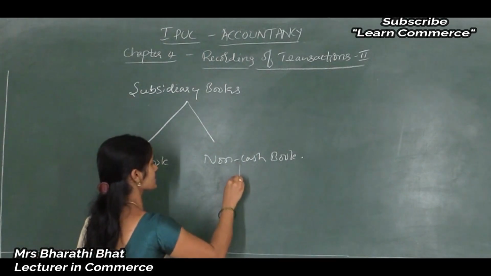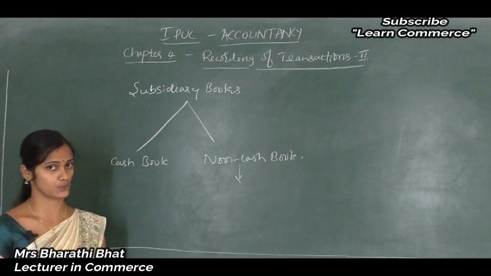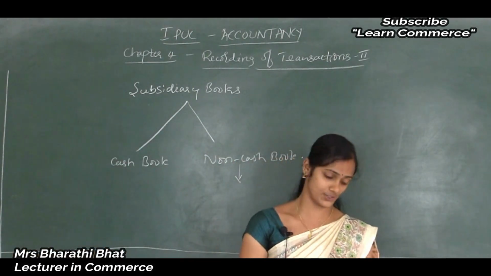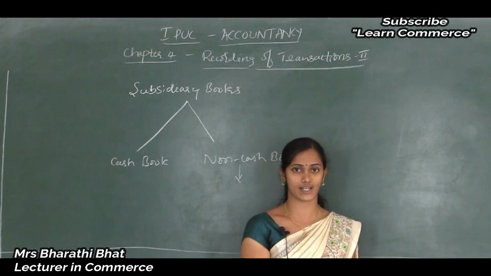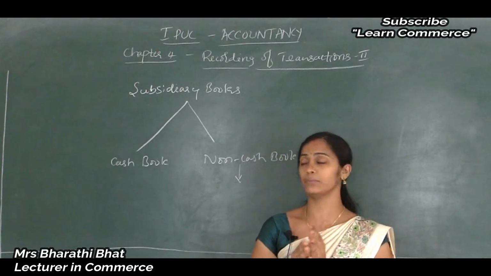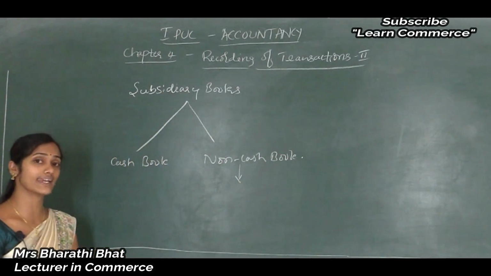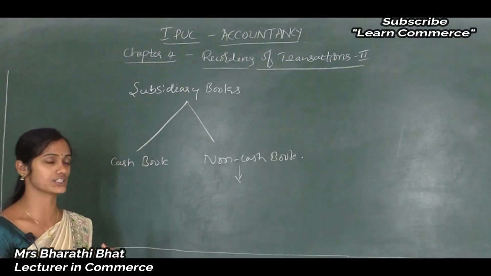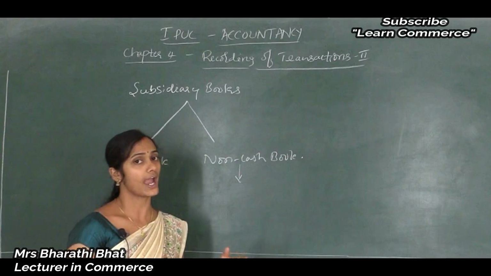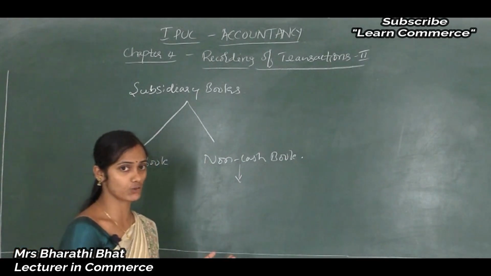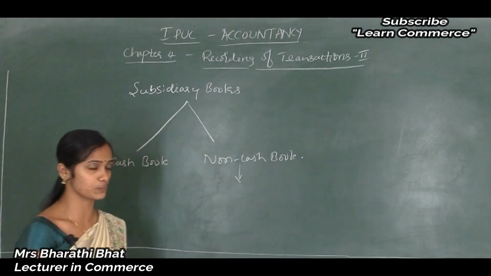Let's discuss non-cash book subsidiaries. I told you that to record all the cash transactions, organizations maintain these cash books. In that they record all the transactions which relate to cash, and even bank transactions are recorded in that cash book itself.